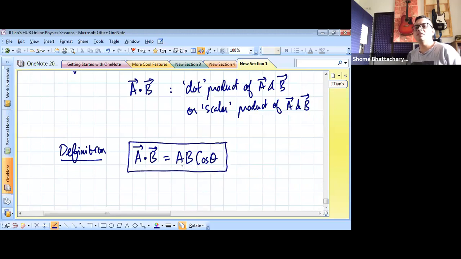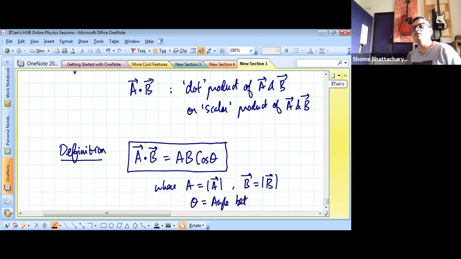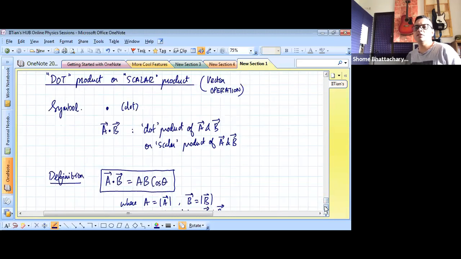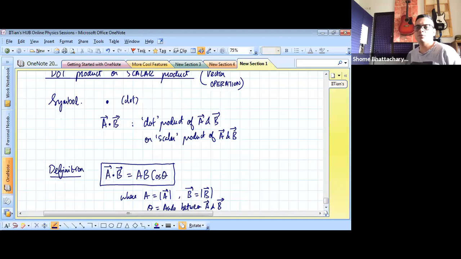This is the formula which tells us how to calculate the dot product, where A is nothing but magnitude of vector A, B is nothing but magnitude of vector B, and theta is the angle between the two vectors, in this case between A and B. So start by noting down this part, the symbol and the definition of the new operation. Then we look at examples.